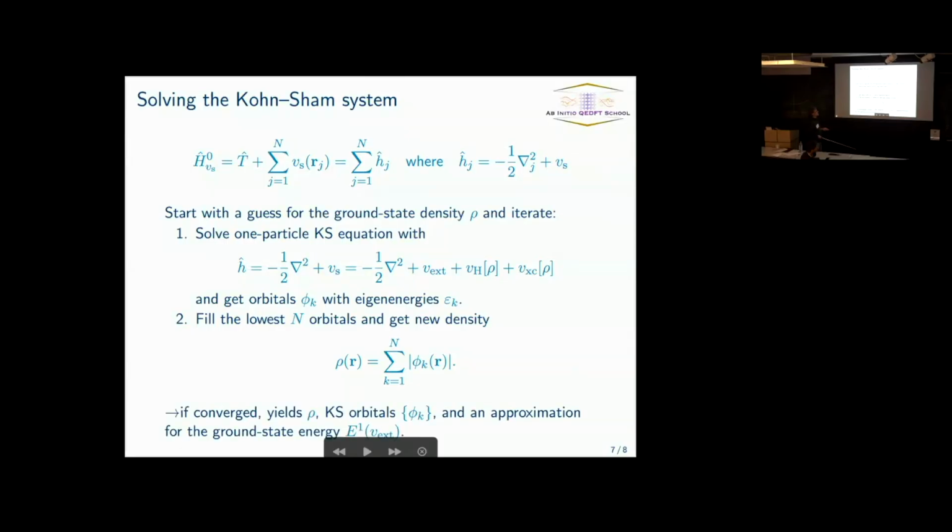So I should say, of course, this is a self-consistent procedure, just like Hartree-Fock, because in the next step, this VXC was always density dependent, because it had to be such that the densities match. But the density I don't know, I want to solve for it. So what I do is I make a guess, I put it in here for the Hartree potential, for the XC potential.